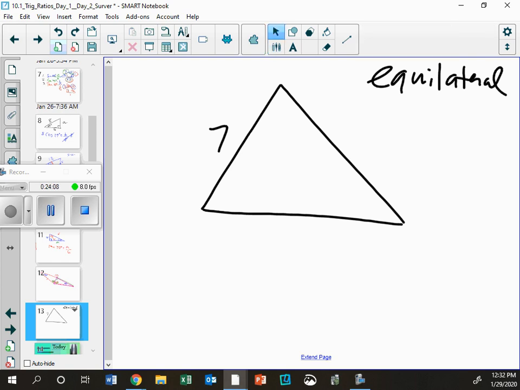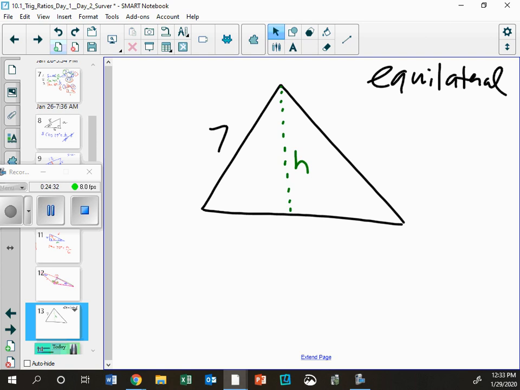And you could know everything. You could know all of the angles, all of the sides. But I want to know its height. Use your knowledge of right triangle trig to figure out h.